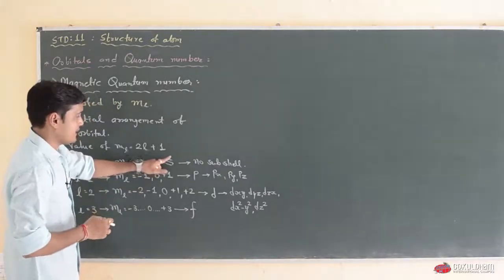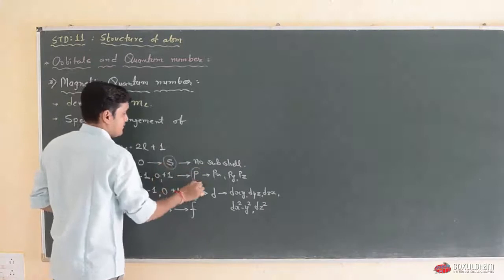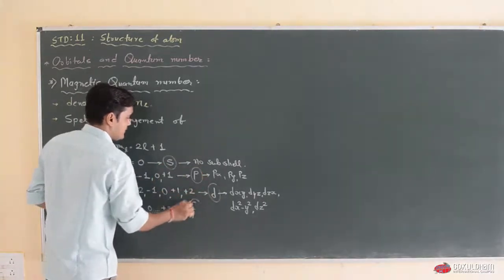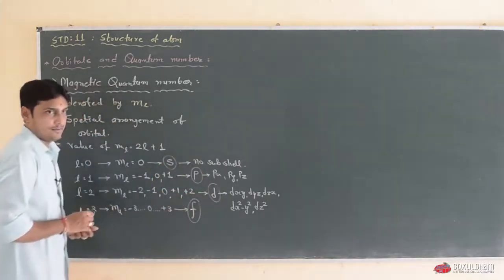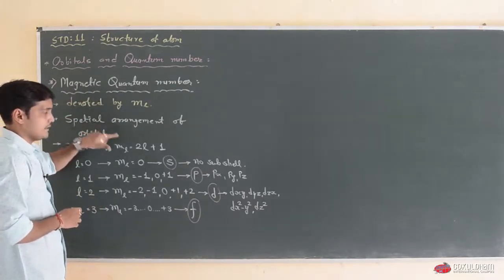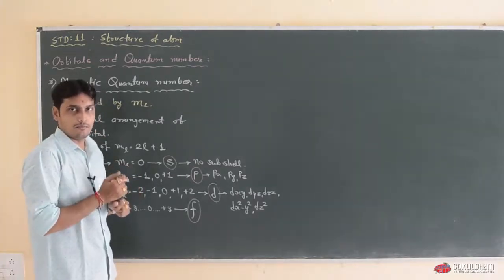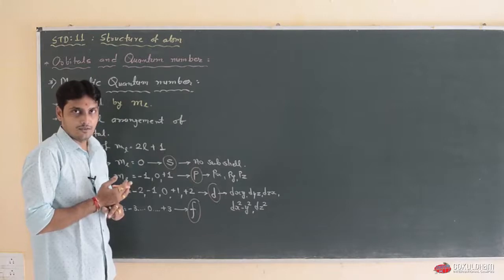So by this ml we can identify the orbitals S, P, D, and F. Another is the spatial arrangement, which means the shape of orbital and orientation of orbital in space.